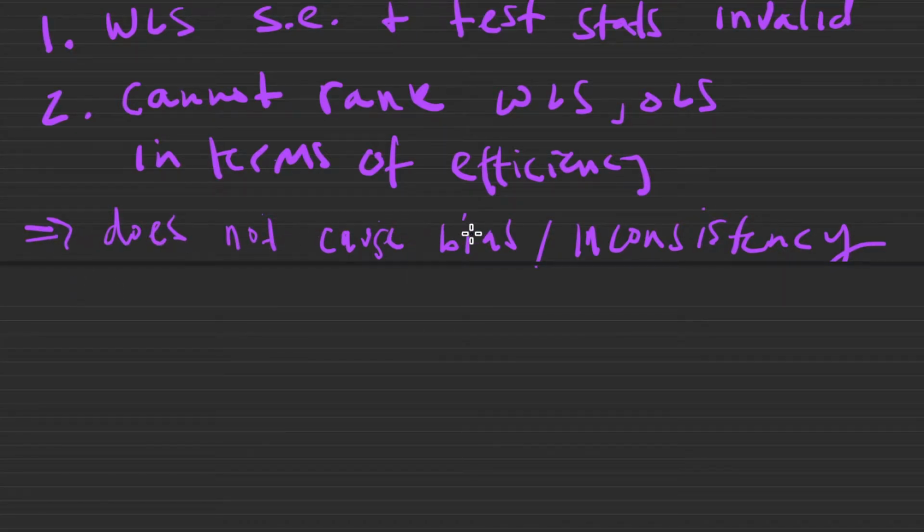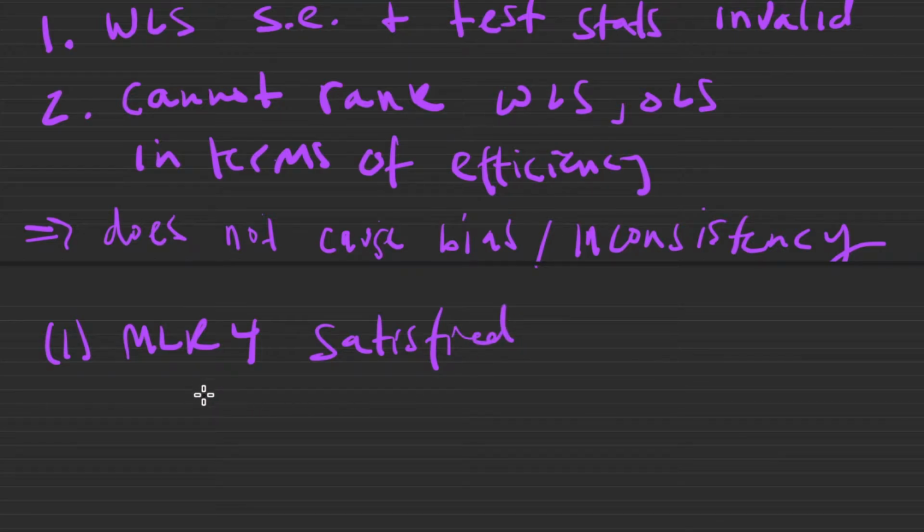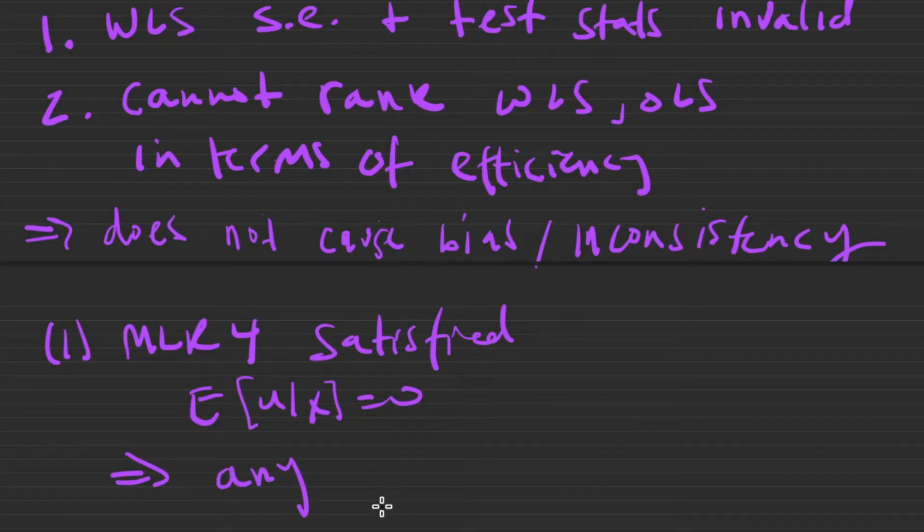This last note, that misspecification of the variance function does not cause bias or inconsistency, is the result of, 1, the multiple linear regression assumption number 4 being satisfied, so that the expected value of u given x is equal to 0, so that any function of x is still uncorrelated with u.